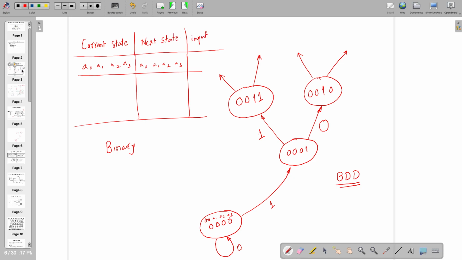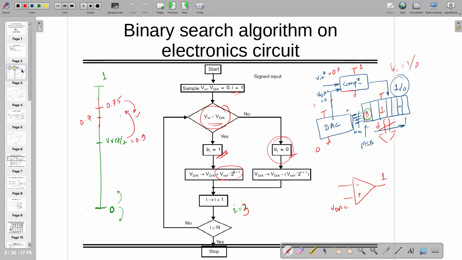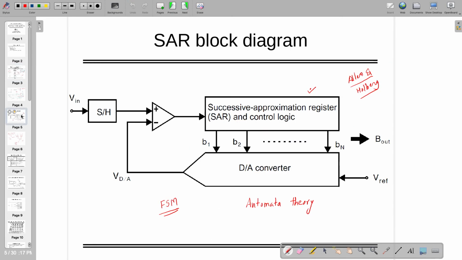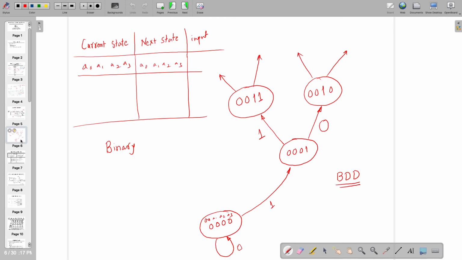In our case, this input comes from the output of the comparator. This is input X, and our output is the bit string B0, B1, B2, B3.